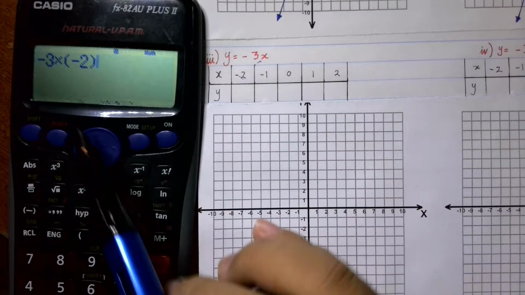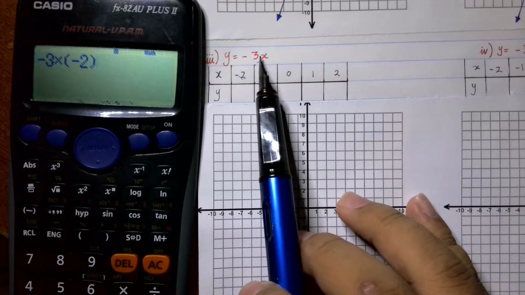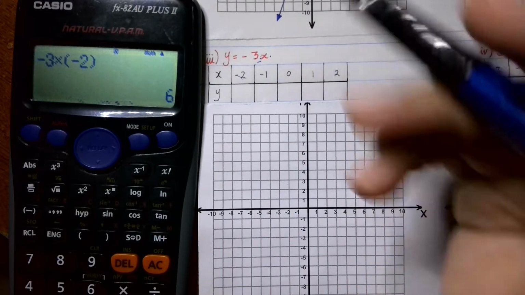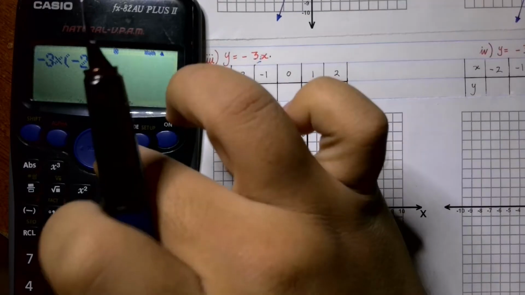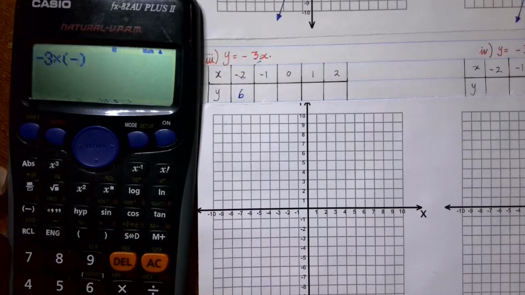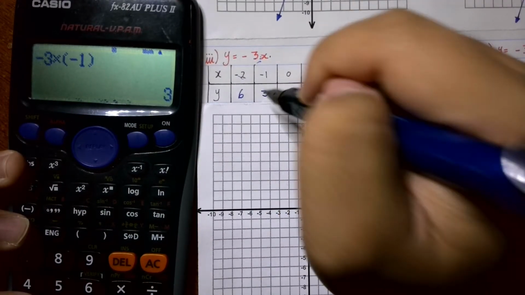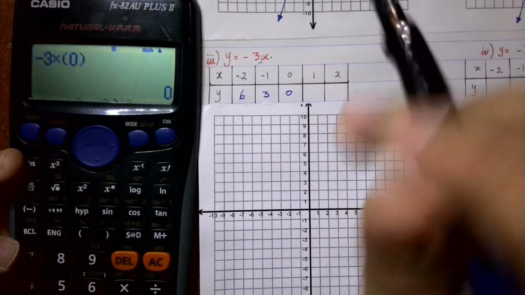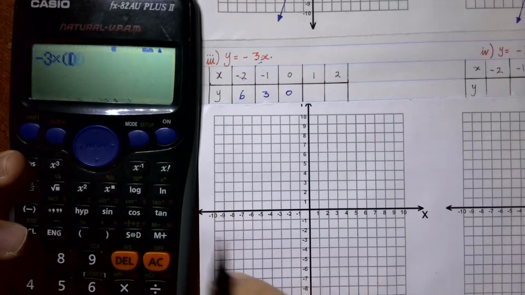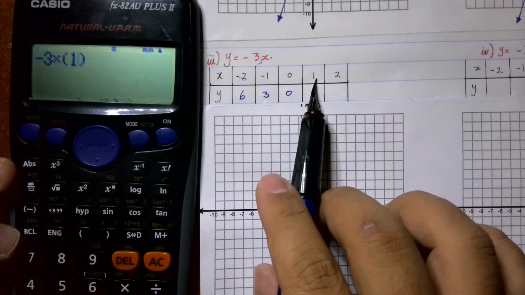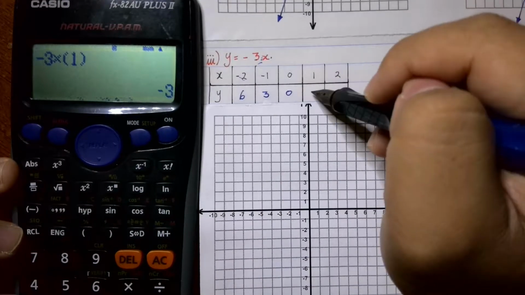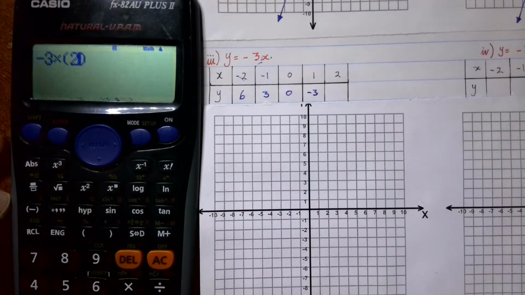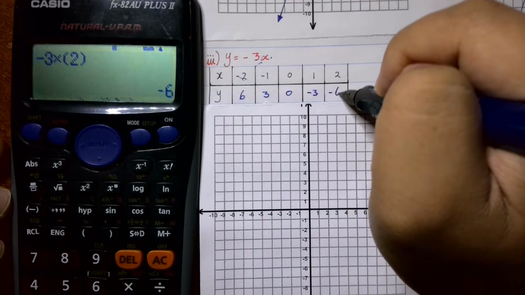Negative 3x means negative 3 times x, but we're substituting negative 2. So this will give us 6. Negative 1 gives us positive 3. 0 gives us 0. Substituting 1 gets us negative 3. Substituting 2 gives us negative 6.